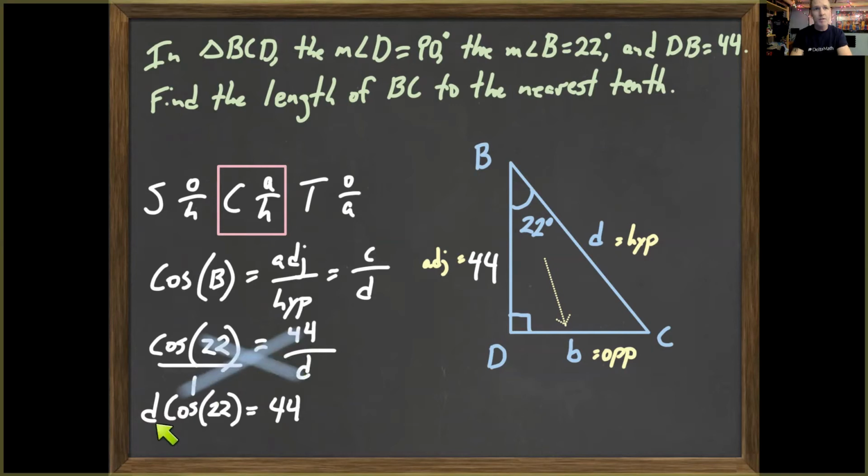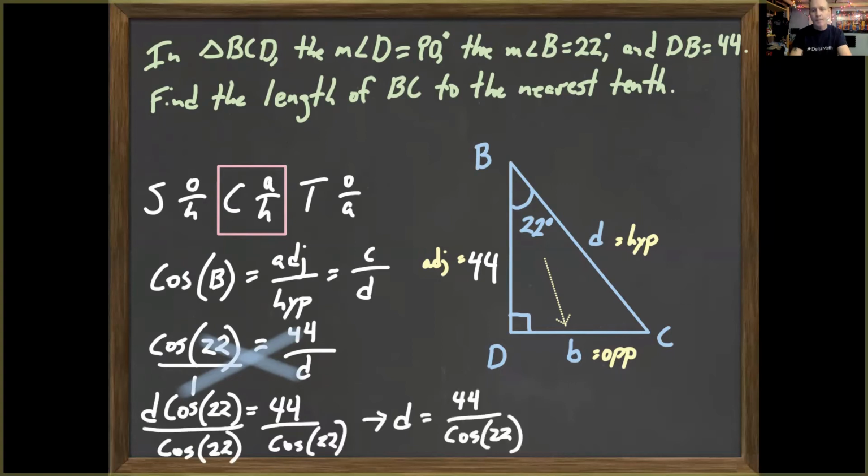Cross multiply and you get d times cosine of 22 equals 44. But I want this lowercase d by itself, so I'm going to divide both sides by cosine of 22. And what do you get? The length of the hypotenuse is 44 divided by the cosine of 22.